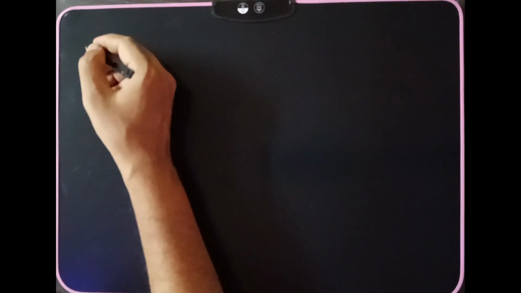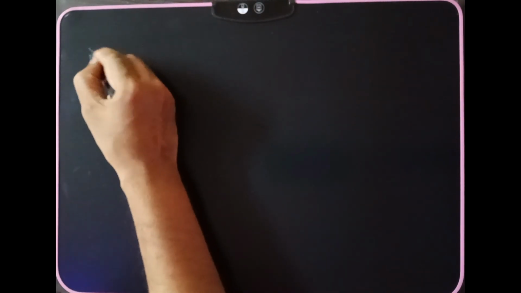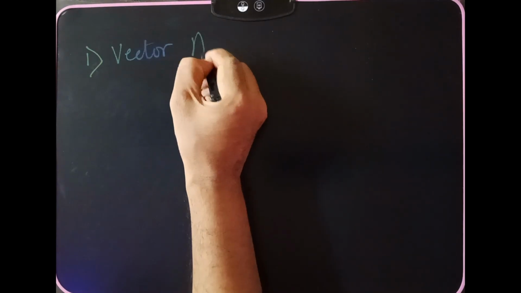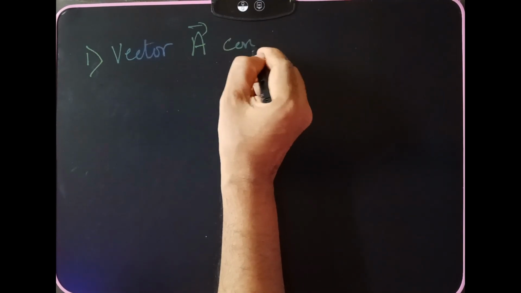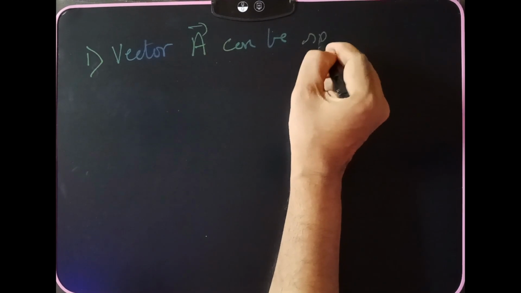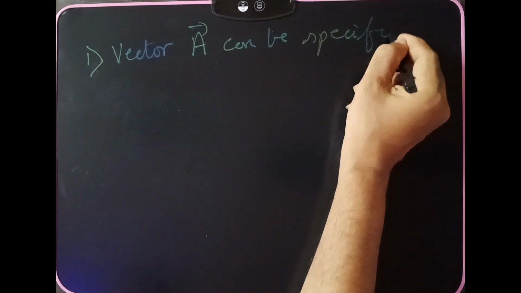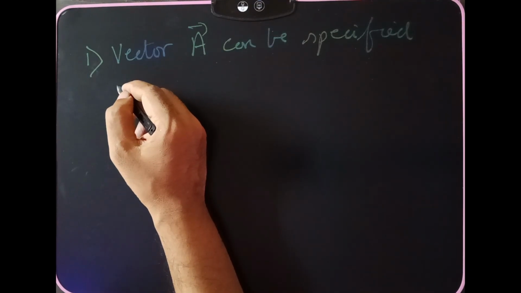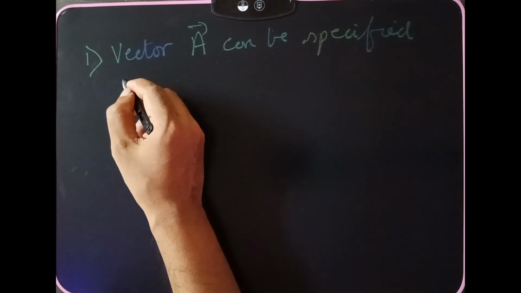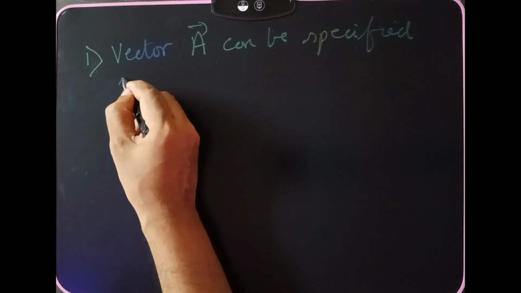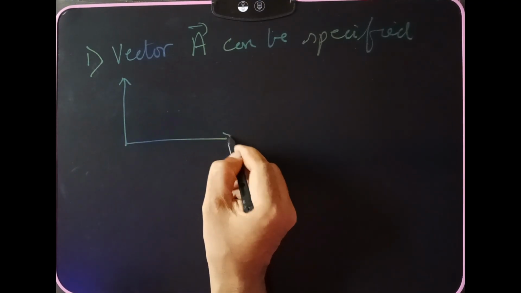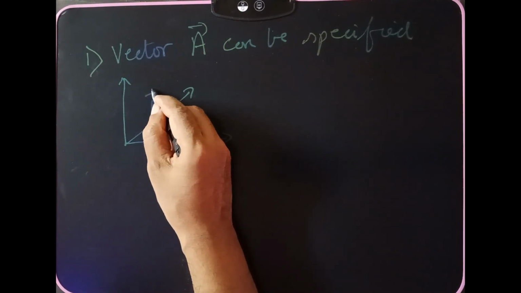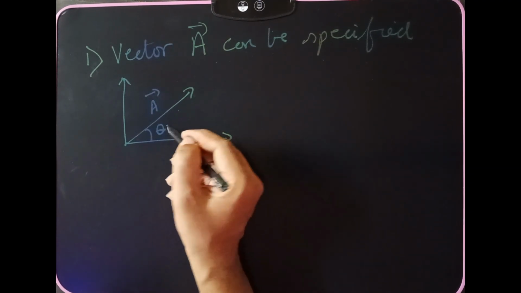We now see that vector A can be specified, and I'll draw the diagram first. It can be specified in the coordinate system as a vector with an angle theta, right?